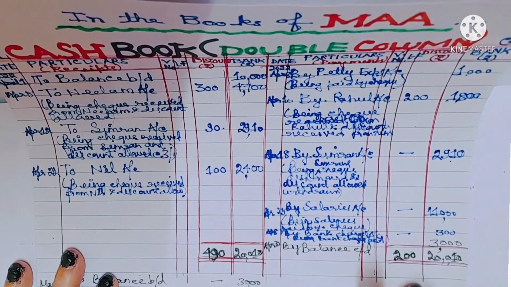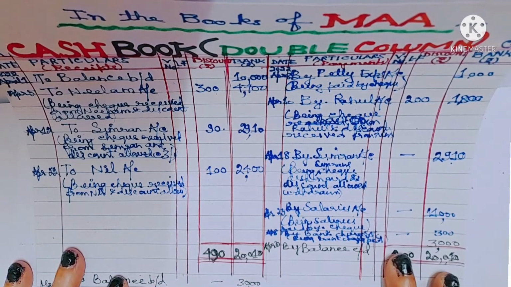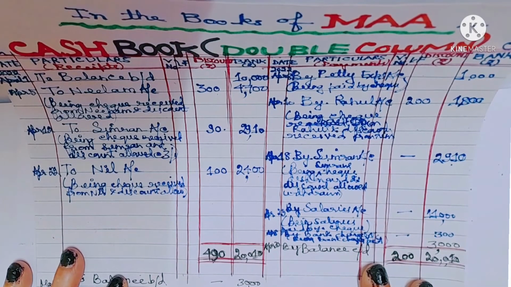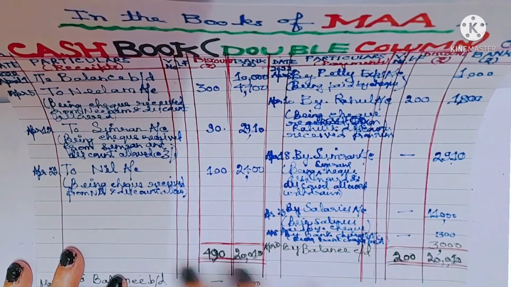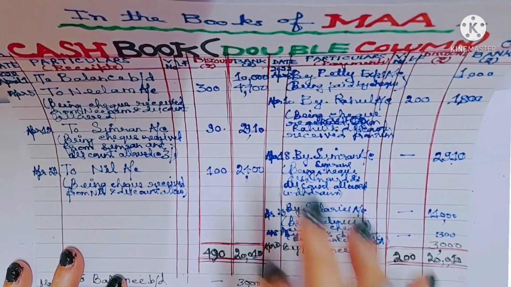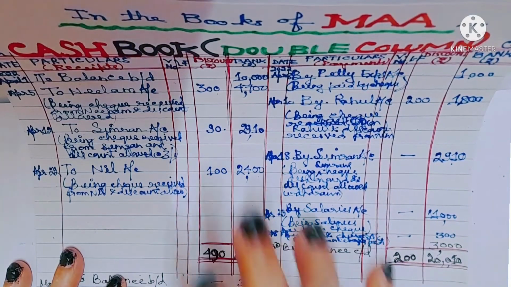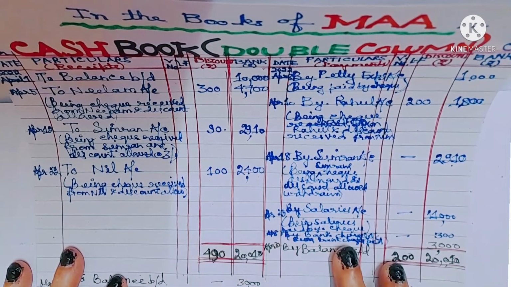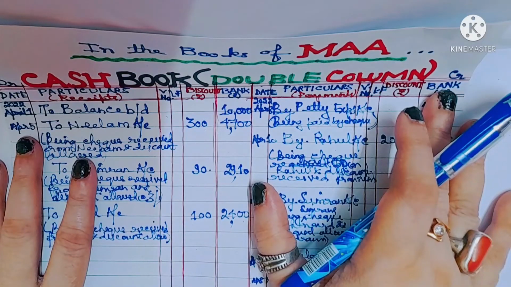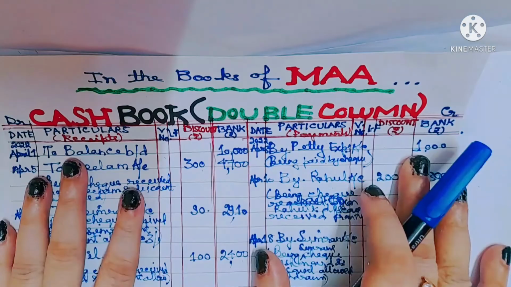Please remember, discount allowed account and discount received account, both the accounts are opened again in the ledger. That is the reason these are not balanced. Understood? But cash columns and bank columns are balanced because they are not opened in the ledger. Okay? I hope you understood.